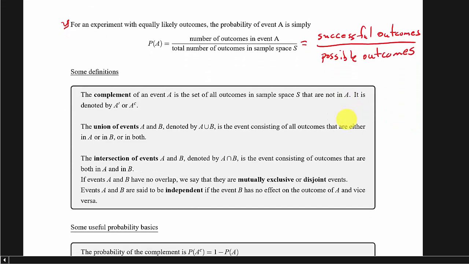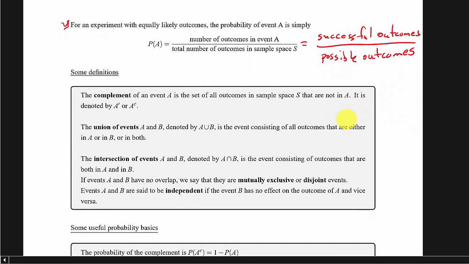All right, so now we've got some definitions. The complement of an event A is the set of all outcomes in the sample space S that are not in A. It is denoted A prime or A with the superscript C. These are the 2 different ways that you might see a complement represented. If you see one of those, then you know that's what it means.